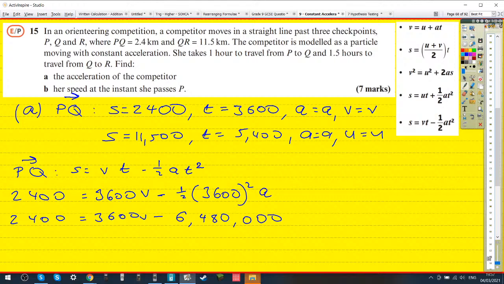I'm dividing everything by 100. So 24 equals 36V minus 64,800A. I'm sure you could make it even simpler by halving stuff, but I won't bother. What would you do next?